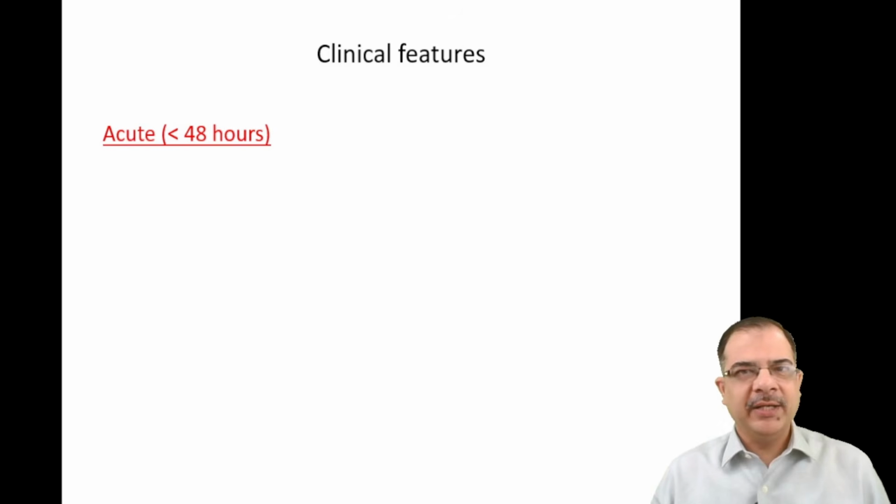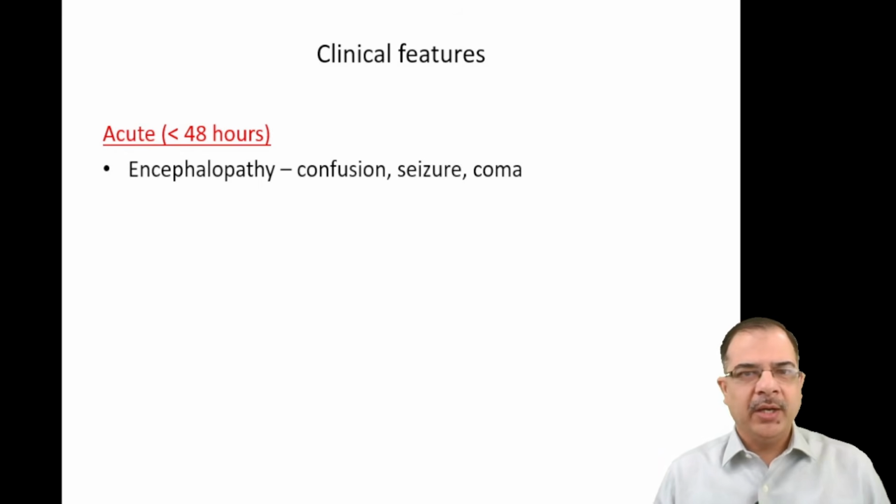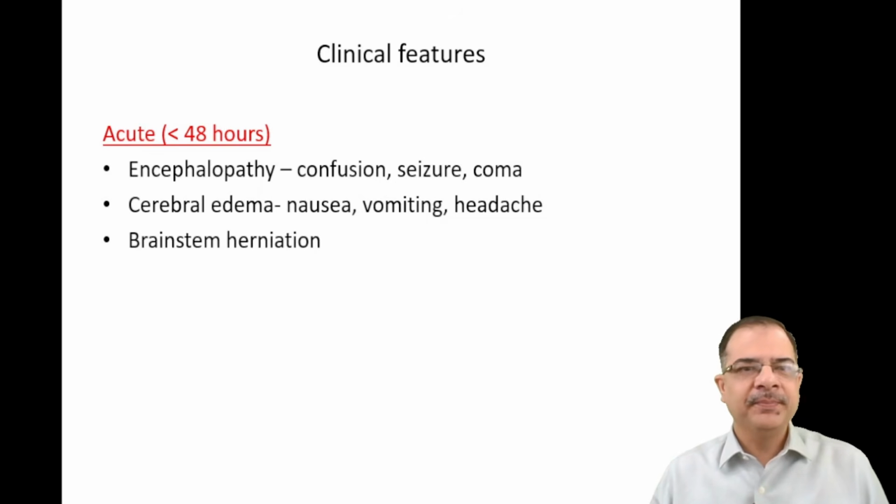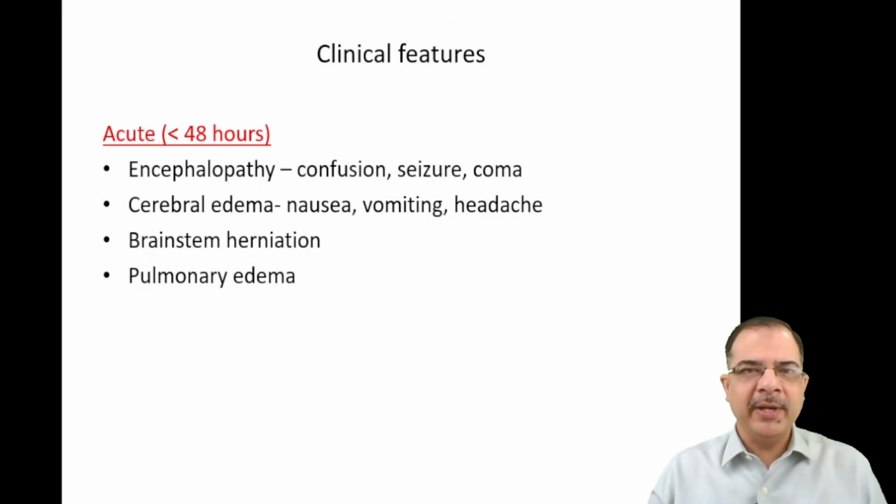If it is an acute development, the patient will develop encephalopathy, confusion, seizures or coma. Cerebral edema will occur, which presents as nausea, vomiting, headache. There can be dangerous complications like brainstem herniation, or non-cardiogenic pulmonary edema, known as neurogenic pulmonary edema.